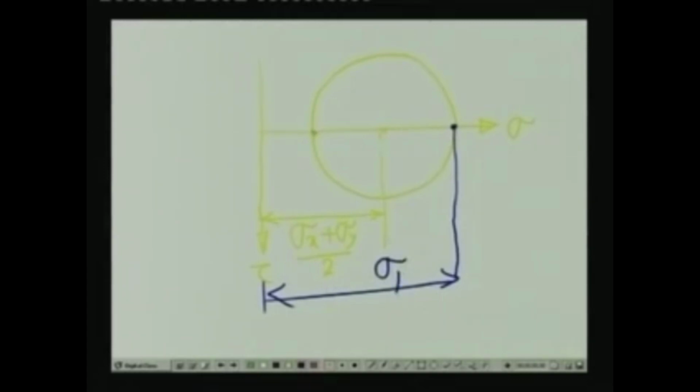Now, if we draw the Mohr circle of stress, the center of the Mohr circle from the tau axis is given as sigma x plus sigma y by 2, and the maximum value of the normal stress, at this particular plane, which we normally designate as sigma 1, and the minimum value of the normal stress is sigma 2.